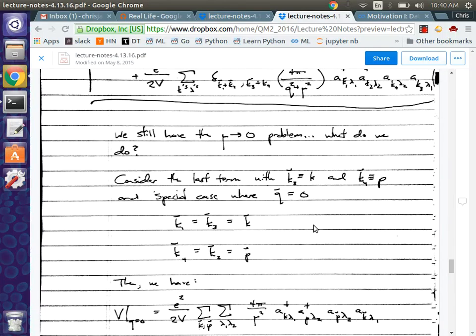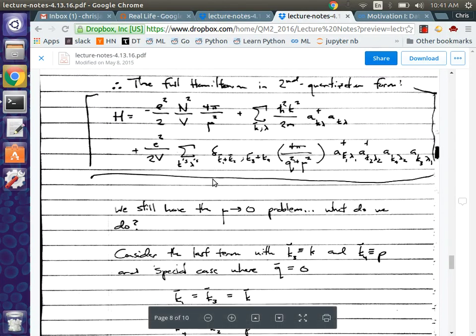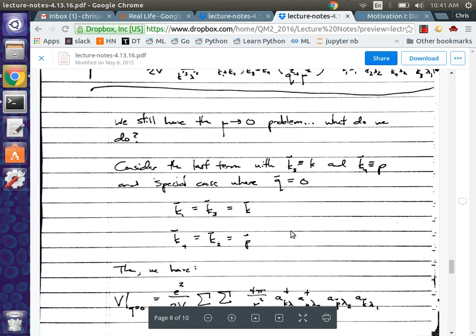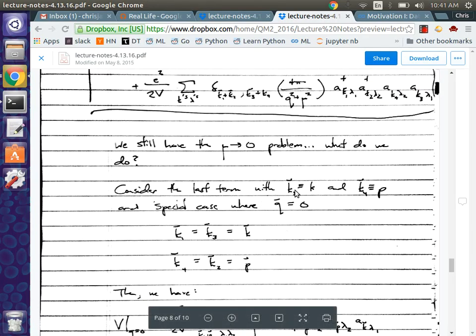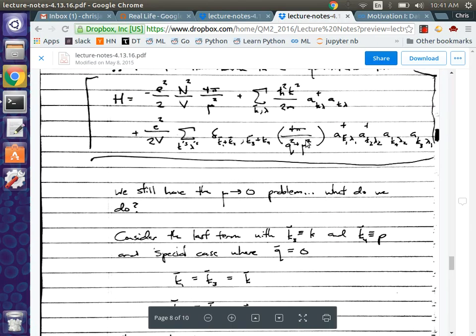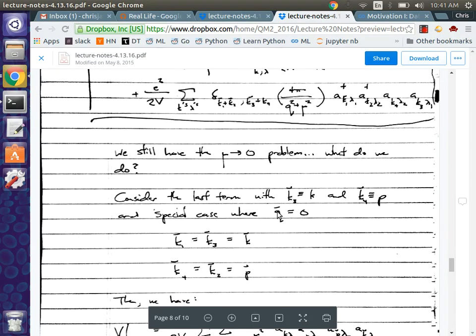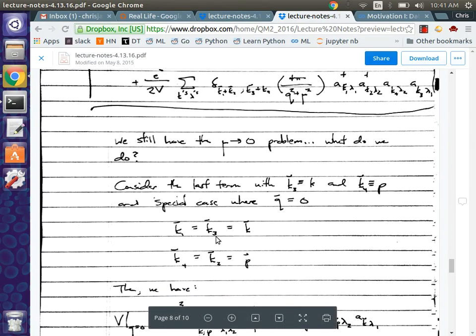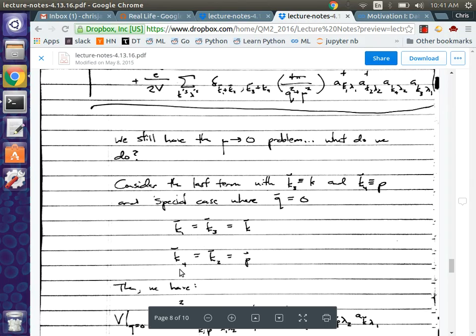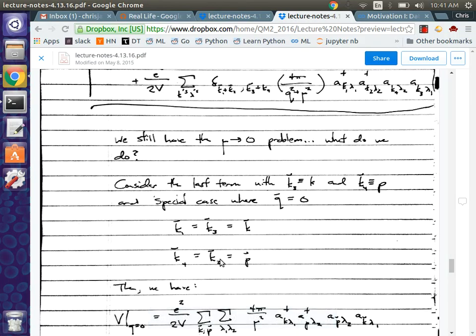Okay, and so there are tricks of getting around this, right? But what I want to show you is that this thing naturally kind of goes away. The way you do that is to look at the last term. I'm going to consider a special case where K1 is the same as K3 and K2 is the same as K4, and I'm going to define those as K and P. But what does it mean that K1 equals K3 and K4 equals K2 in terms of this picture?